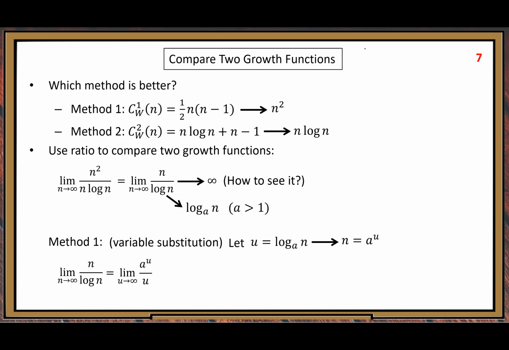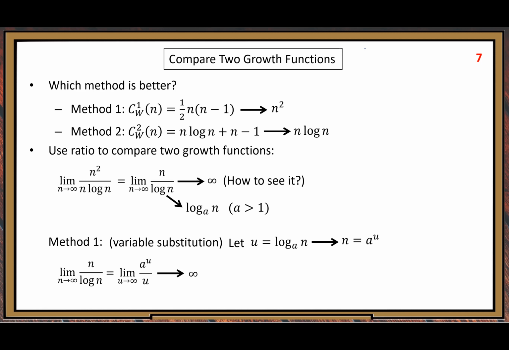And u also goes to infinity, because when n goes to infinity, u also goes to infinity. This time, you do not have a log function. But what do you have? You have an exponential function in the numerator and just a linear function in the denominator. Now, can you see when u goes to infinity, this ratio goes to infinity?